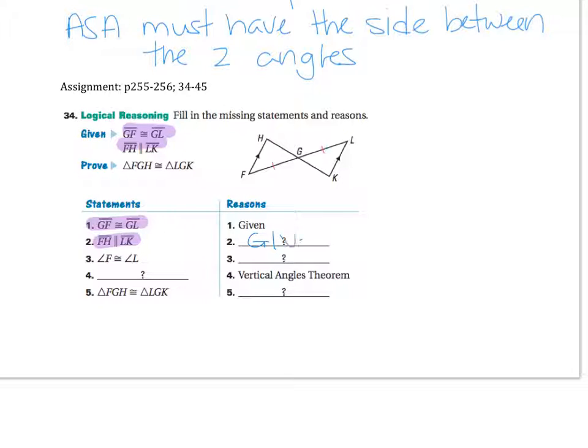So always do our givens. This is very similar to the problem that was in the notes. With the parallel lines, you have those 2 angles congruent. They're alternate interior angles. There's your vertical angles. And what 2 angles are they?